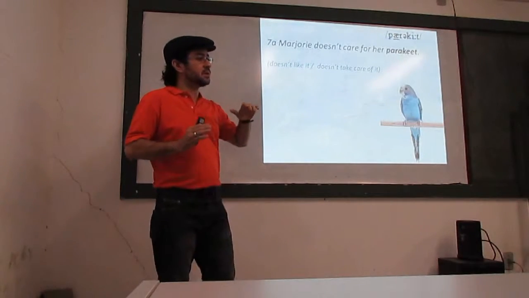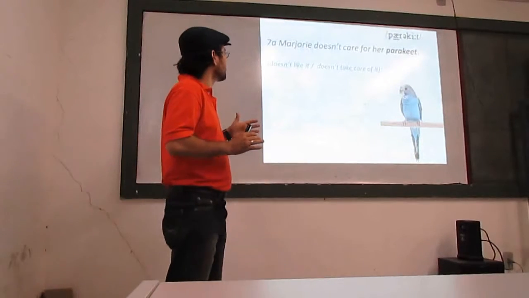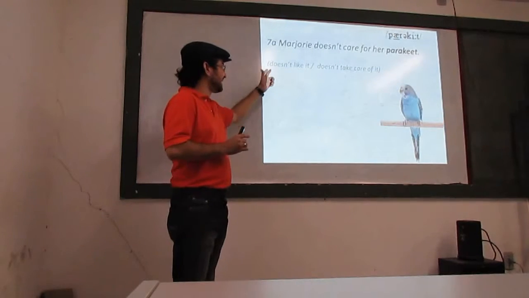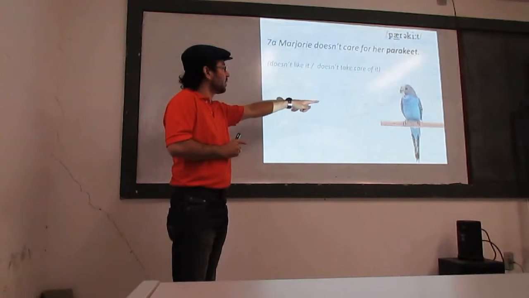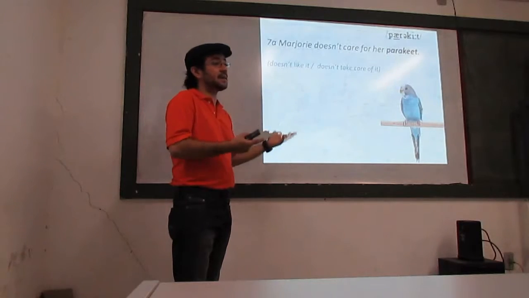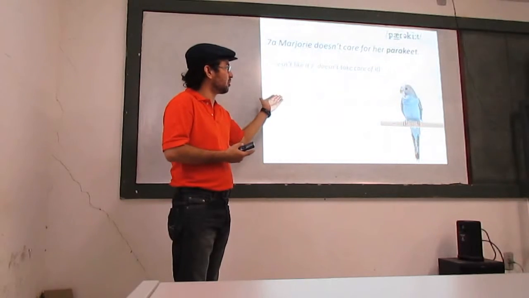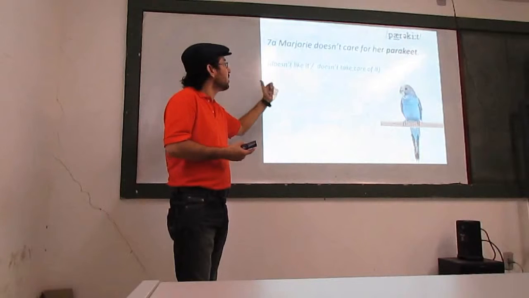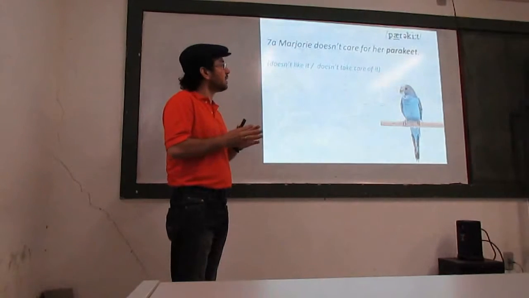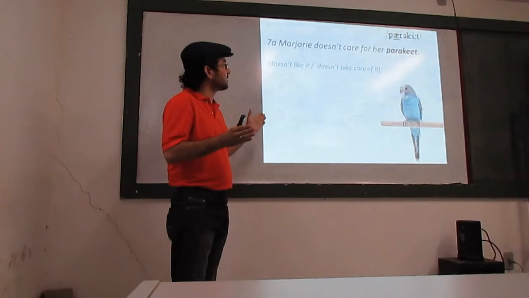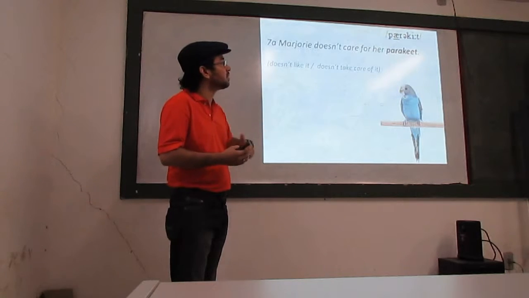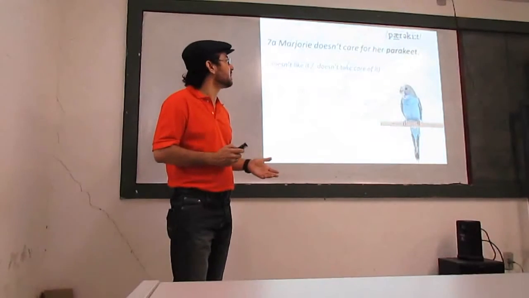But we have two possibilities of comprehension for this sentence. Or Marjorie doesn't like it, or Marjorie doesn't take care. Cuida, né? Ou ela não gosta, ou ela não cuida. So we have two meanings for this expression. Okay, doesn't care. Não se importa ou não cuida. Two possibilities.